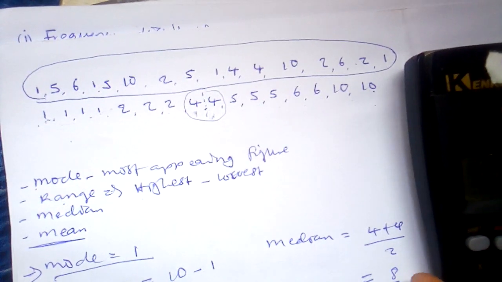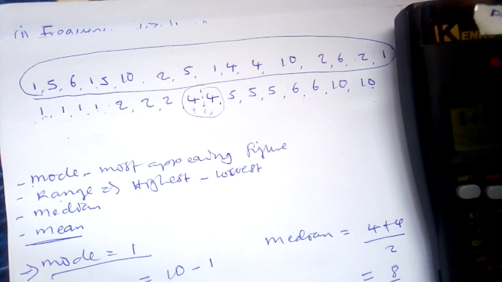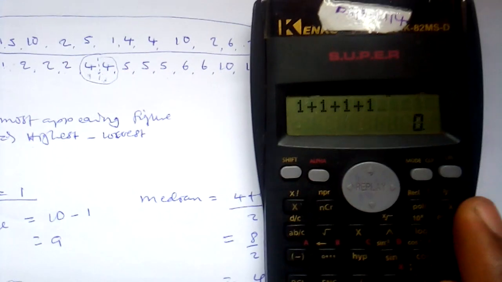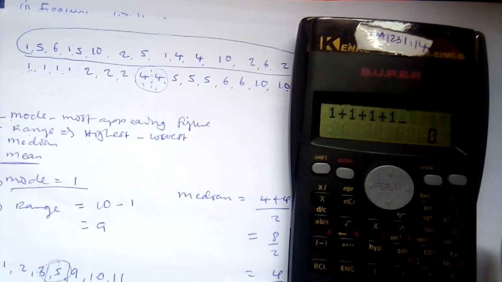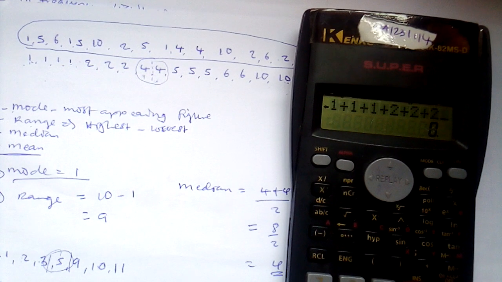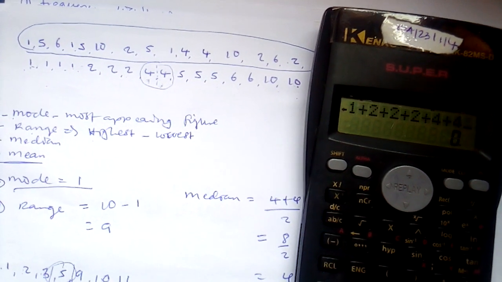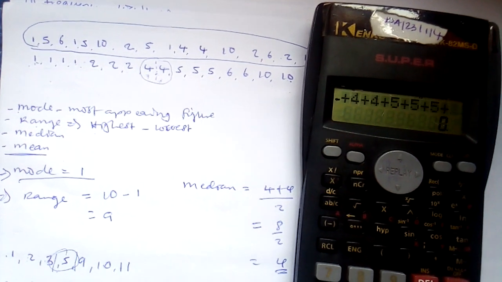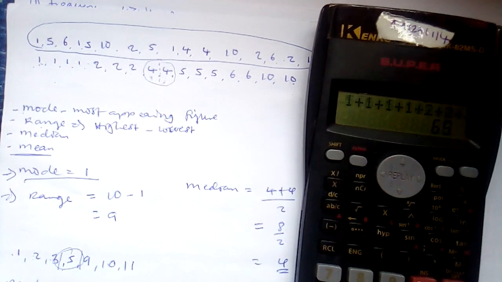You put 1 plus 1, plus 2, plus 4, plus 5, plus 6, plus 10, plus 10. You get your 65.